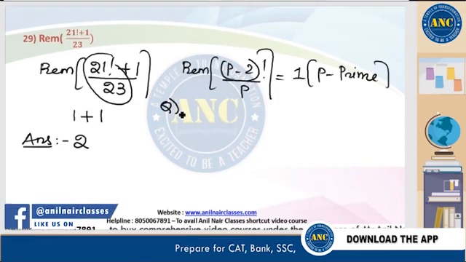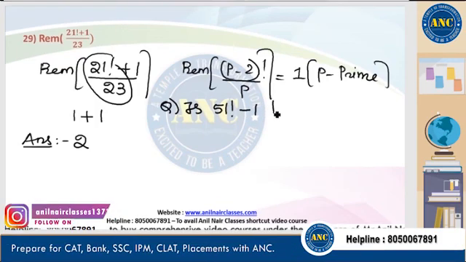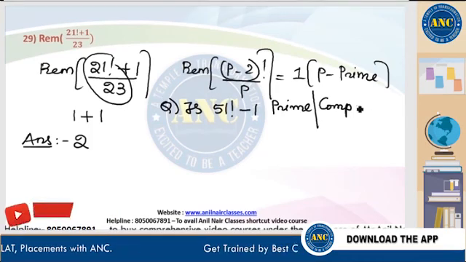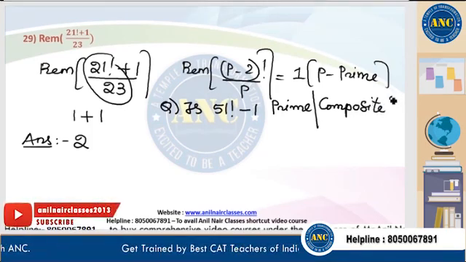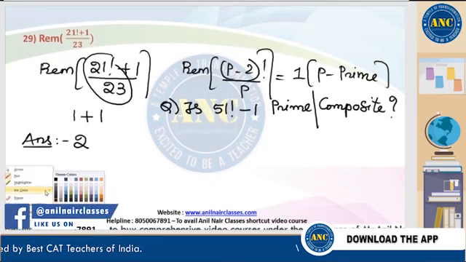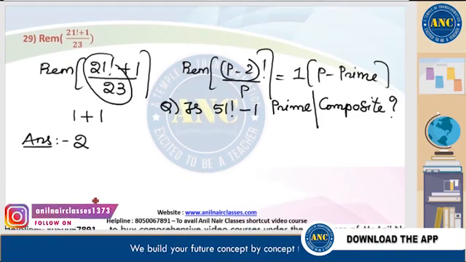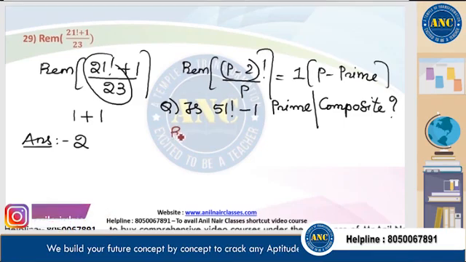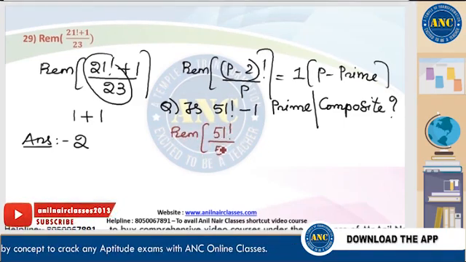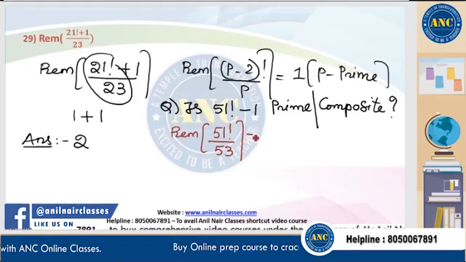Just write down one more question. Is 51 factorial minus 1 prime or composite? A very beautiful question. Here we use the important application we just discussed. 51 factorial divided by 53 is (P minus 2) factorial divided by P, which is 1.